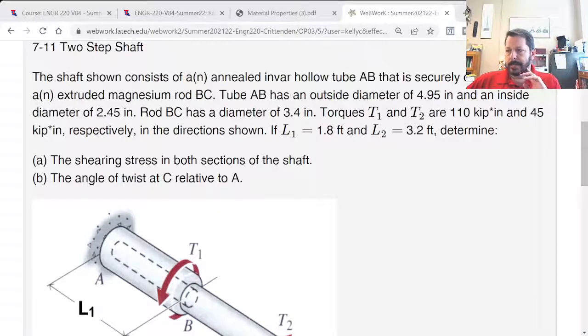Tube AB has an outside diameter and an inside diameter. Rod BC has an outside diameter. We've got 2 torques and some lengths. Determine the shear stress in both sections of the shaft, and then angle of twist, which we're not doing today. So let's take this problem and work on it.